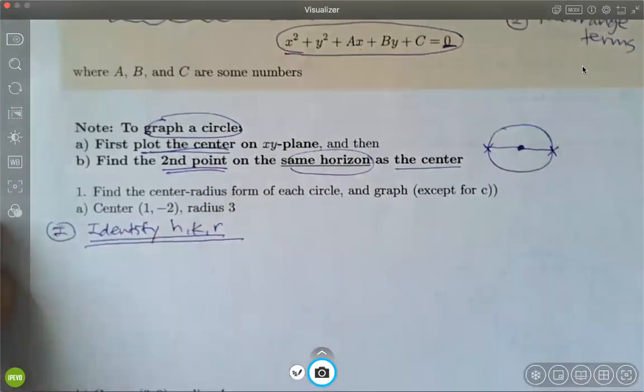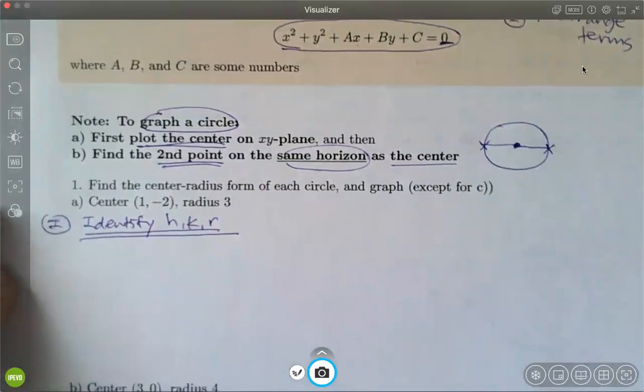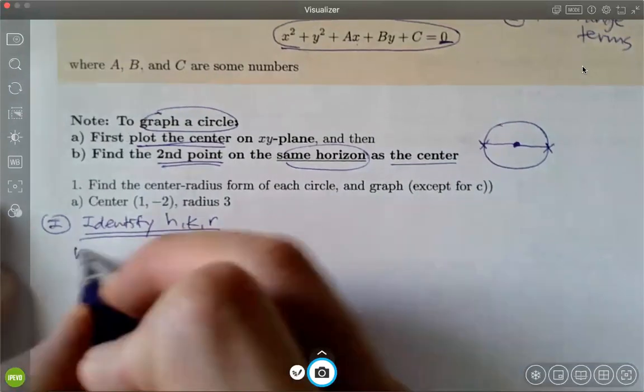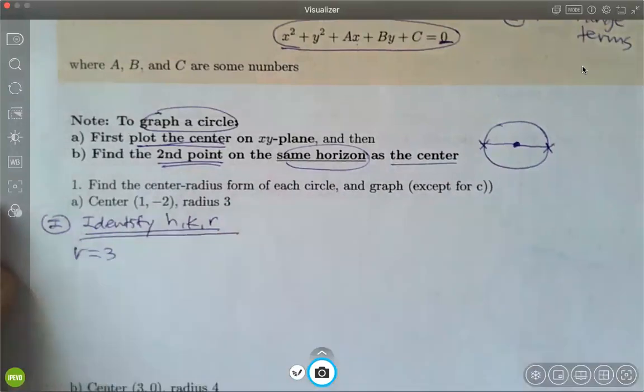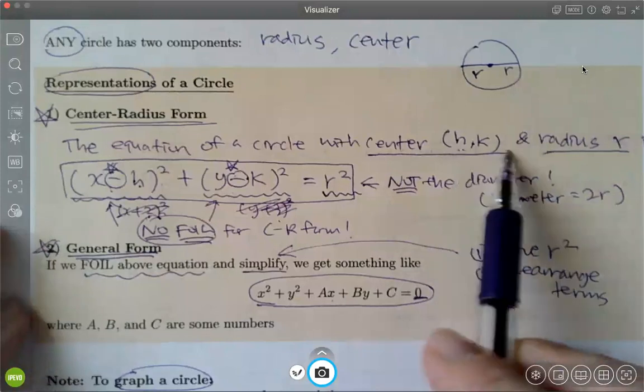Okay, now, is R easy to identify? Yes. Do you see what R should be? 3. Why? Because R is the radius, right? Okay, now, what should H and K be? So H and K come from what? That's the X and Y coordinates of the center, right?